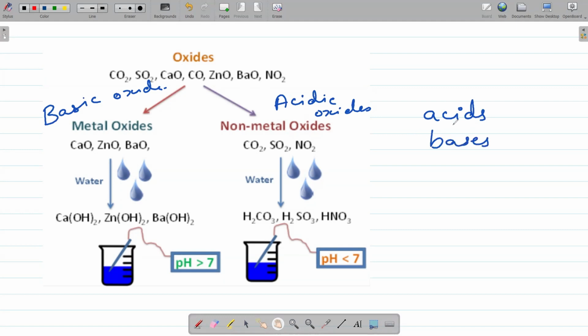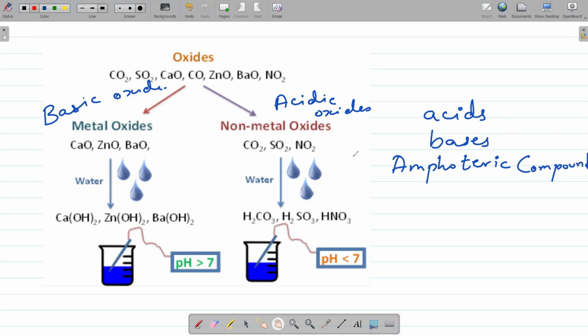They can neutralize both, which is unusual. So they can react with acids and neutralize them, and they can react with bases also. Such metal oxides that can react with either an acid or a base to produce salt and water are called amphoteric compounds. I hope this is clear.